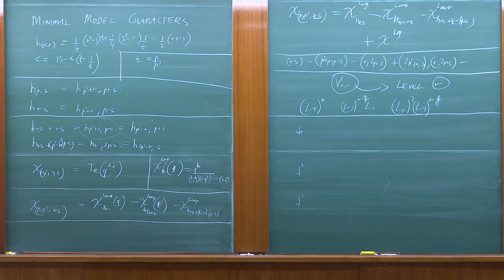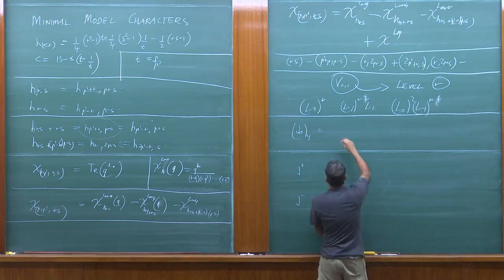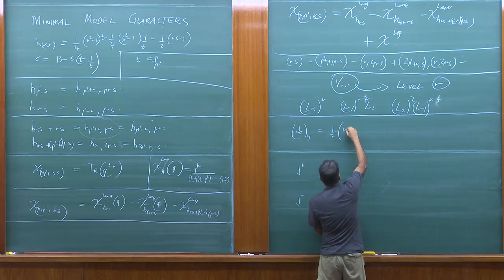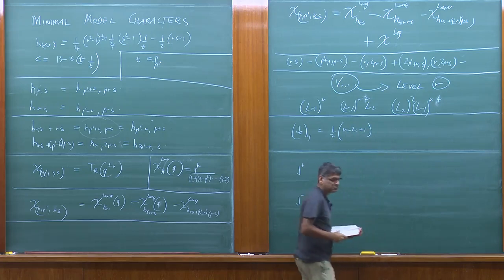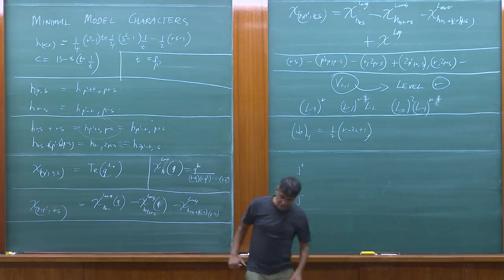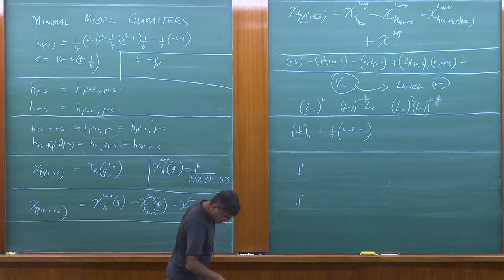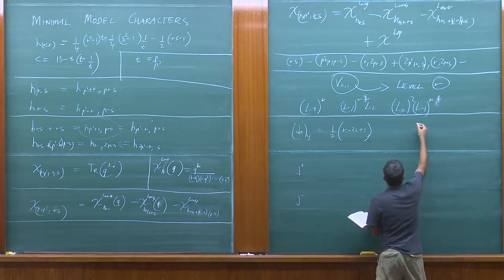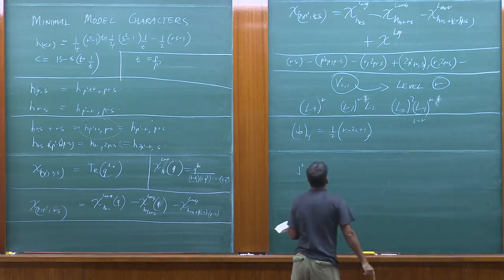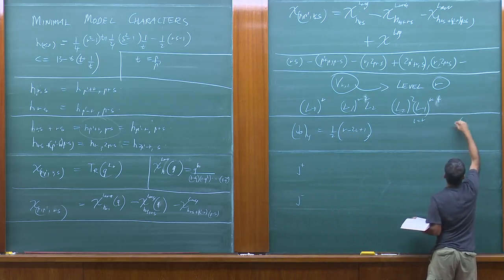Let's look at them. So J0 is defined by (J0)_{ij} is equal to half of (R minus 2i plus 1), where i and j run from 1 to R. Let's look at it at i equals R. At i equals R, we have R minus 2R plus 1, so we get minus (R-1)/2.